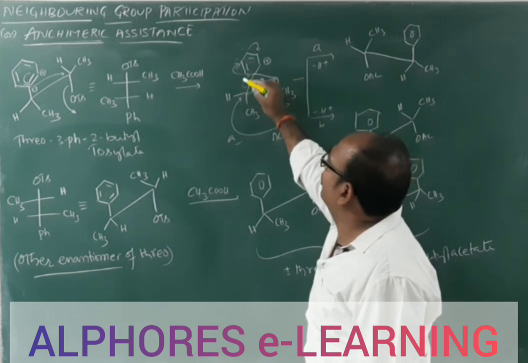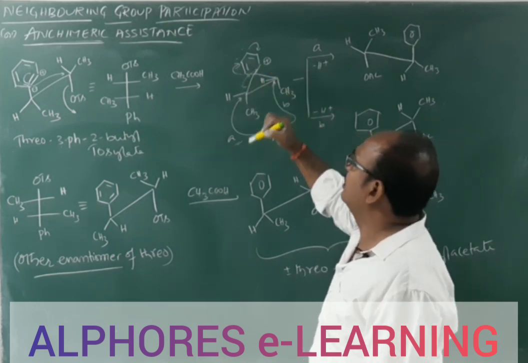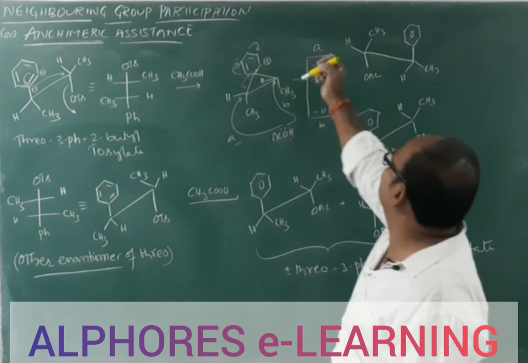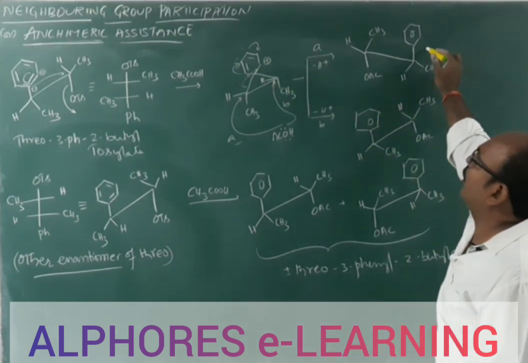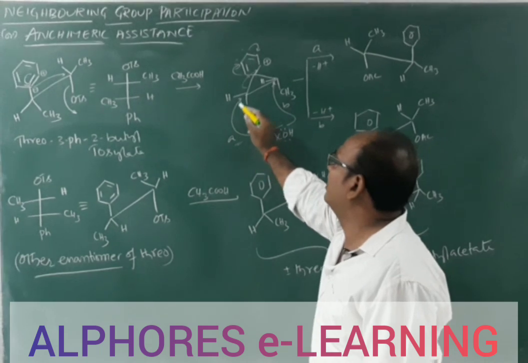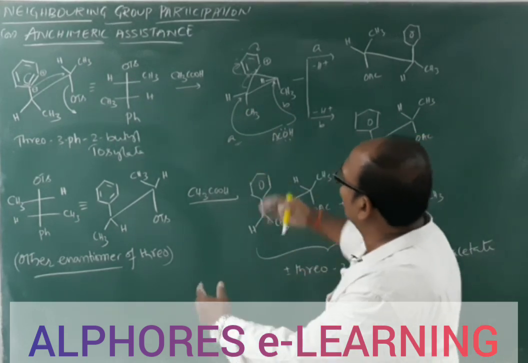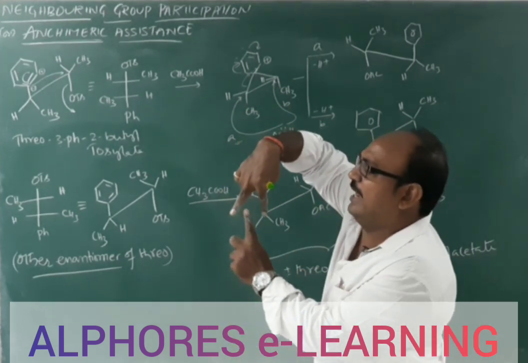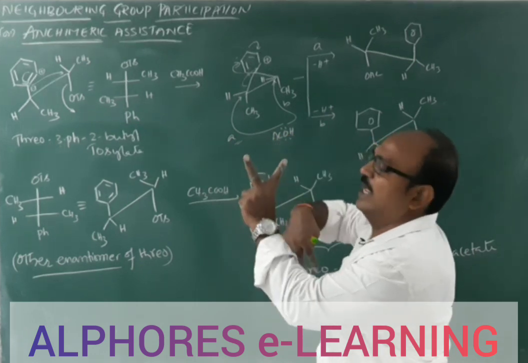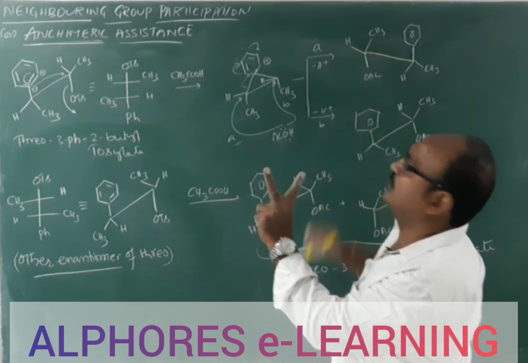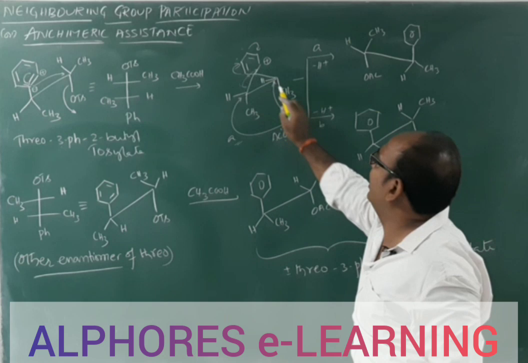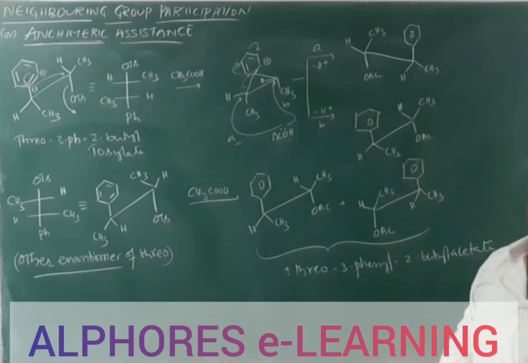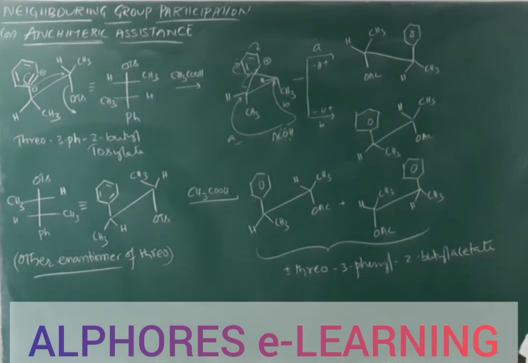This sigma bond electrons again turn to pi electrons. The resultant ring attains its aromaticity. You are getting a product like this. Because of this acetic acid nucleophile approach, both the methyl and hydrogen groups are lying like this. These are going to change like this, methyl and hydrogen, and this hydrogen and methyl as such. This is one possible product.